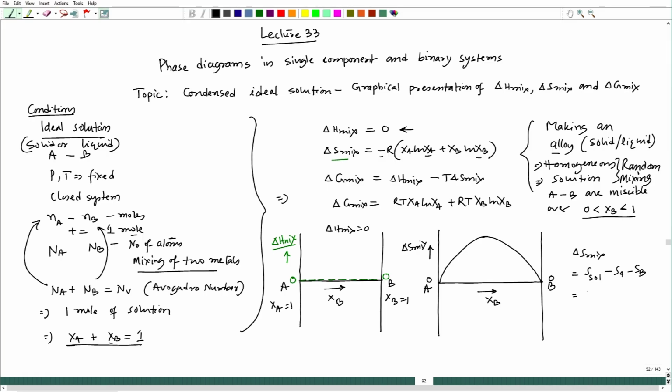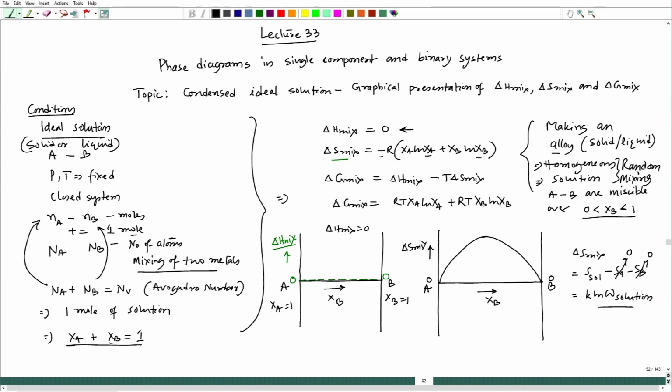So, this goes to k ln omega solution, this omega solution. So, in fact, these two quantities will be 0.